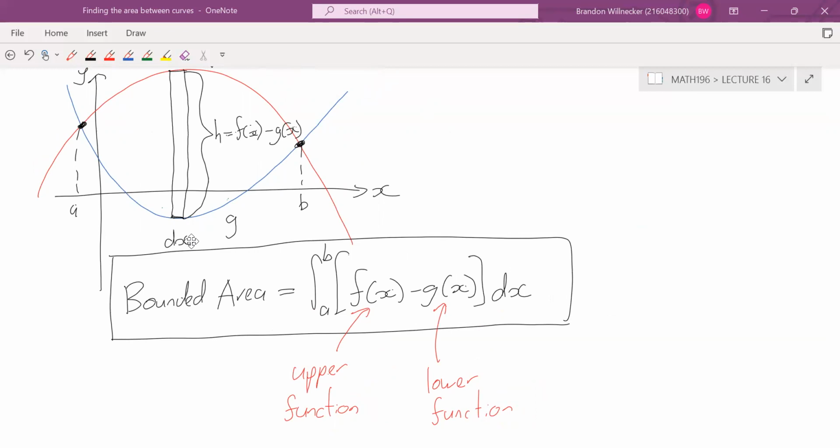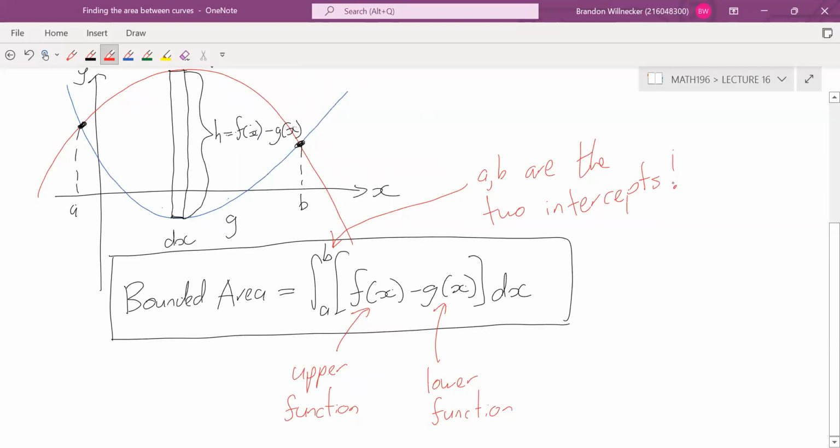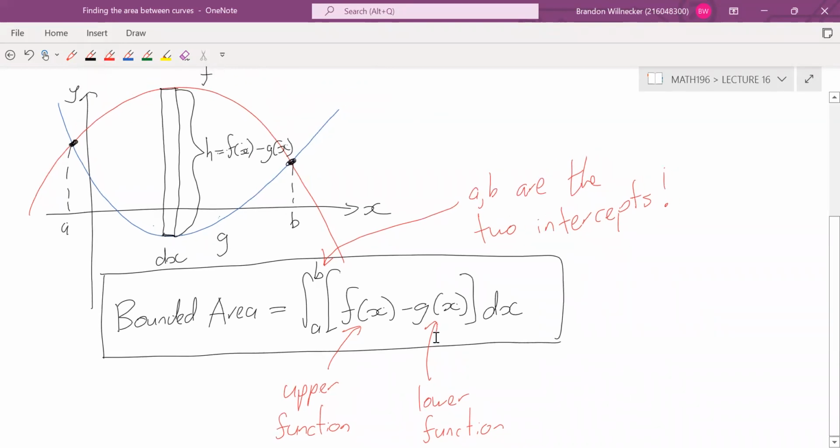And of course, A and B, those are the intercepts. So let's just make a little note here. A and B are the two intercepts. So if you know the intercepts and you know which one is the upper function and which one is the lower function, then you can use this formula to find the bounded area.